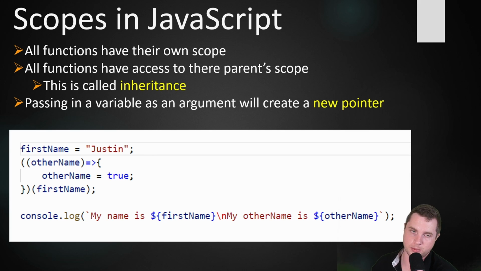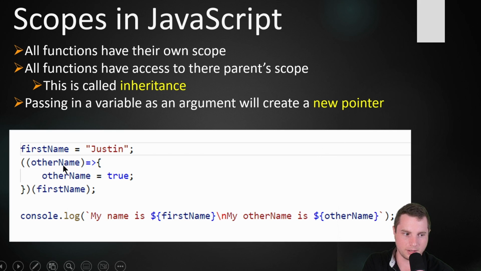We're going to have an entire presentation on scopes, but this particular thing right here, I want you guys to take a second and look at it, and I want to point out this right here. If you pass in a variable, you'll create a new pointer for it. So we have other name, we are going to pass in first name, other name, and here we go.